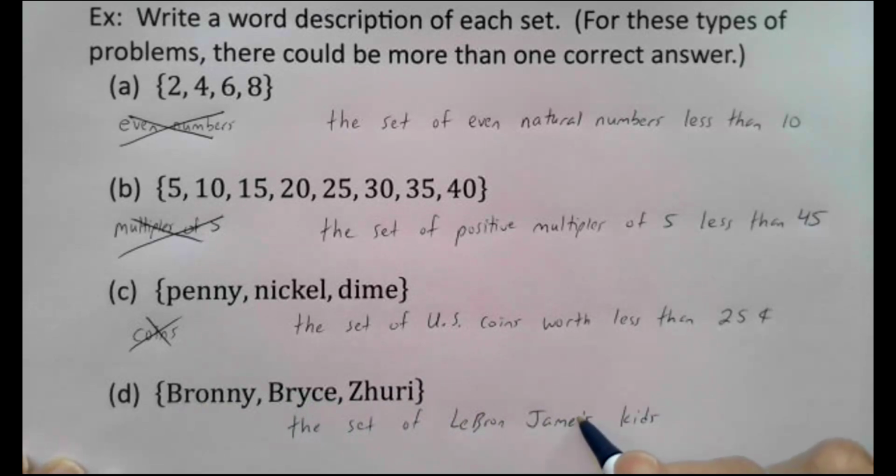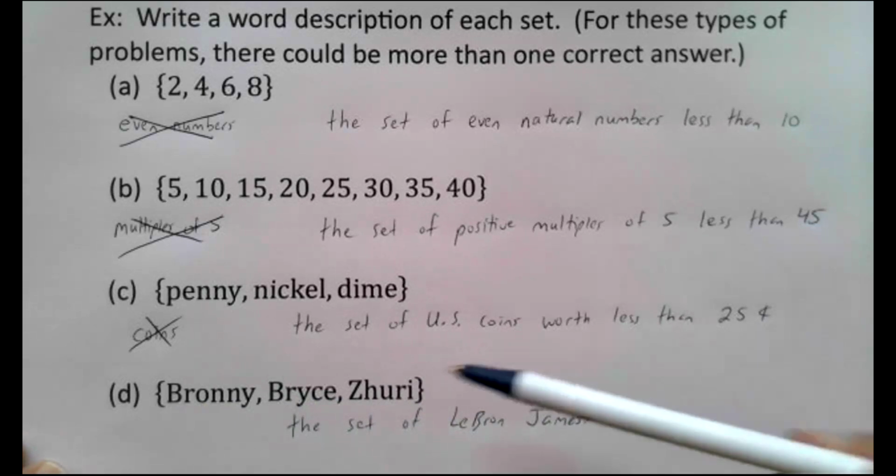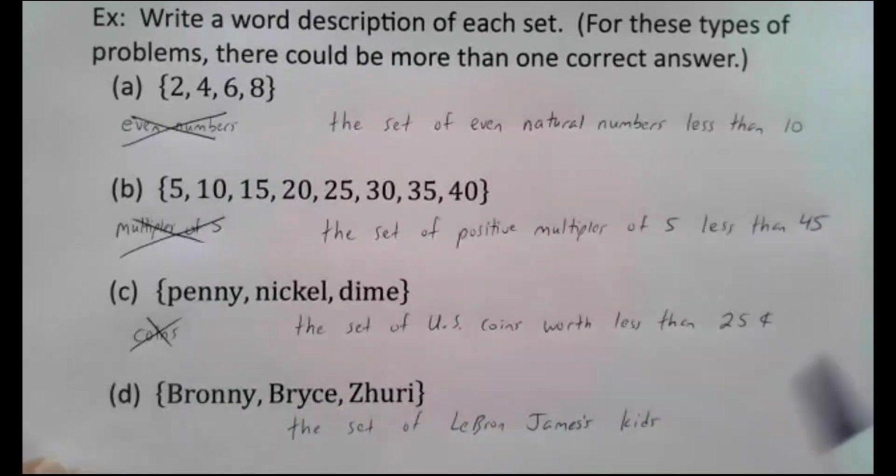Maybe that would be a lab question. That would not be a very fair test question for me to ask you. But that is a word description of this set, Bronny, Bryce, and Zuri.